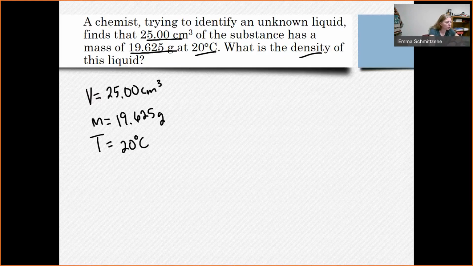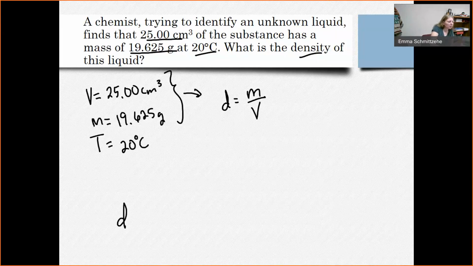And so it's helpful to know that density is mass over volume. And so then that leads us to how we're going to solve this problem. We're looking for density. We have the mass and volume, right? We want to plug those into that equation. And so my density in this case, oops. Sorry, this is erasing my work on me. Density in this case is going to have to be, here we go, maybe. We'll act like there's an equal sign there.